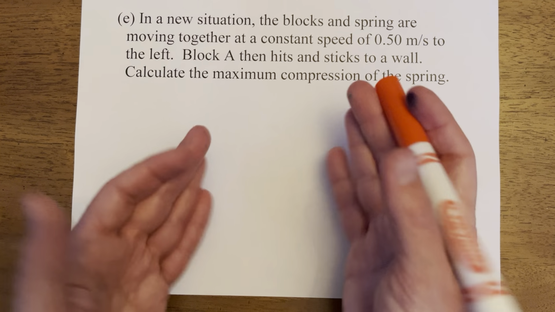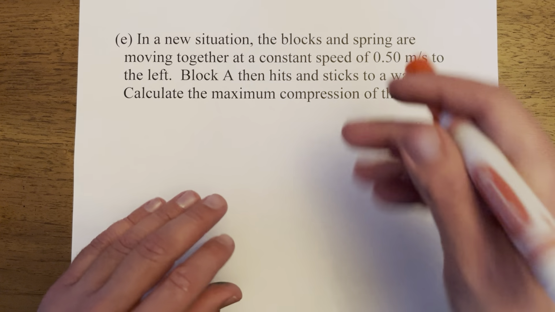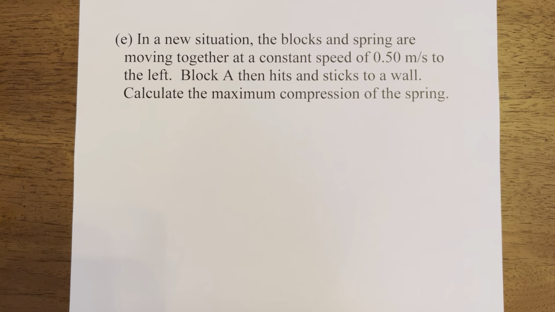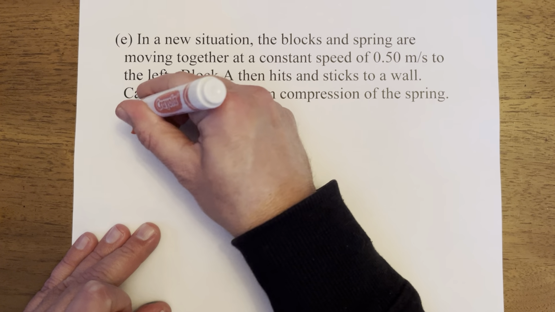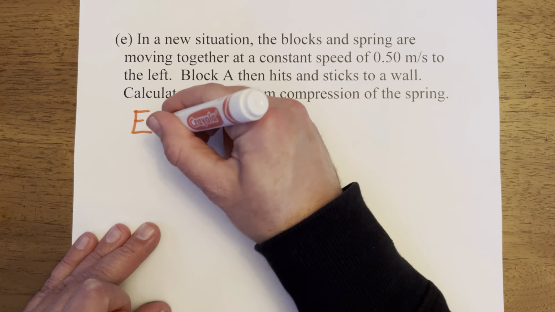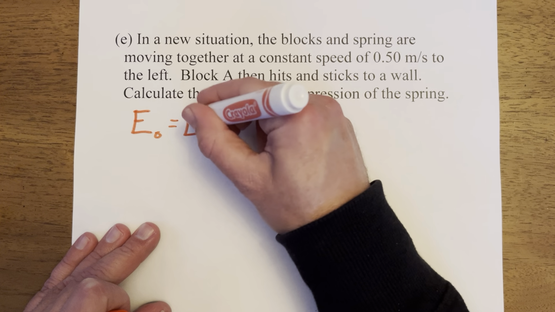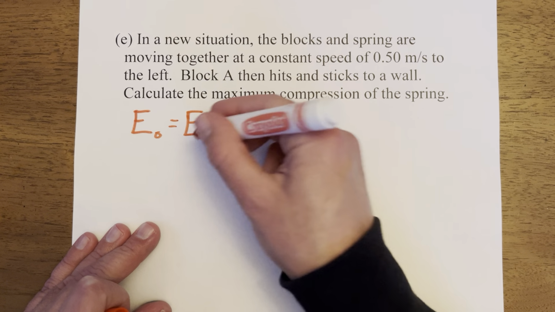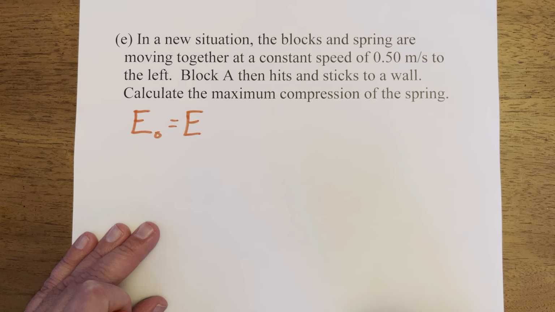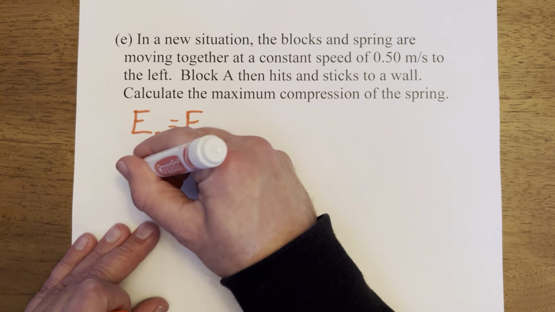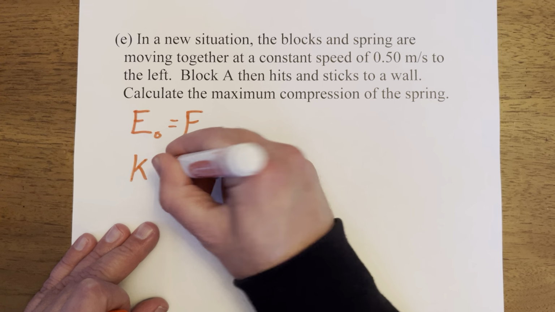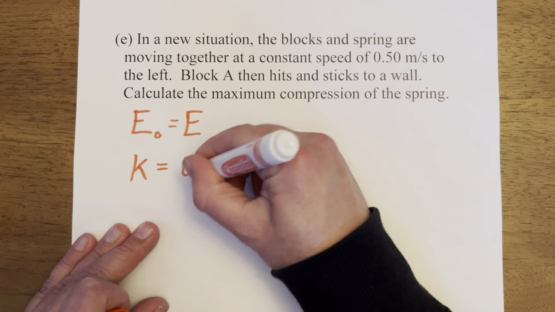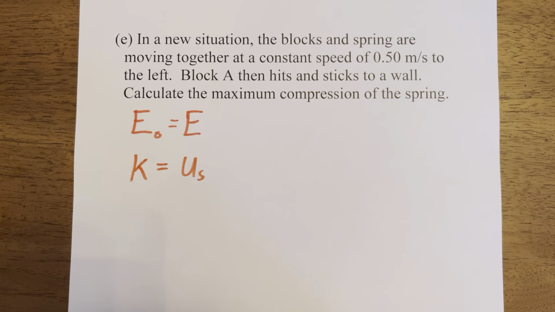So this one, probably when we cover this problem, we won't have covered energy and you won't be able to answer this one. But just in case, we get to this one later in the year. This is a conservation of energy problem. We had some amount of initial energy and that cannot be changed. It's going to go into another form of energy. The original form of energy was kinetic energy, and that's going to go into elastic potential energy.